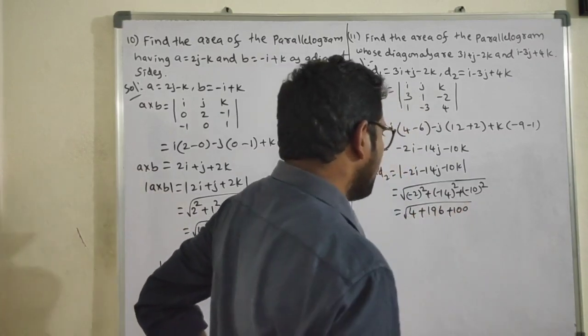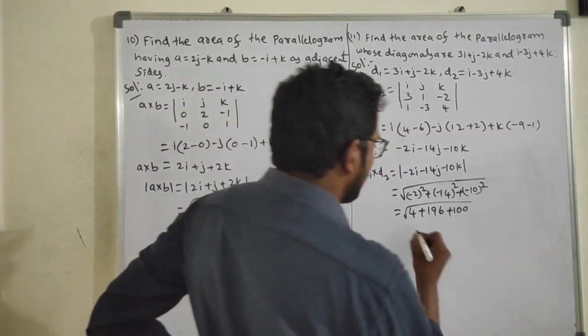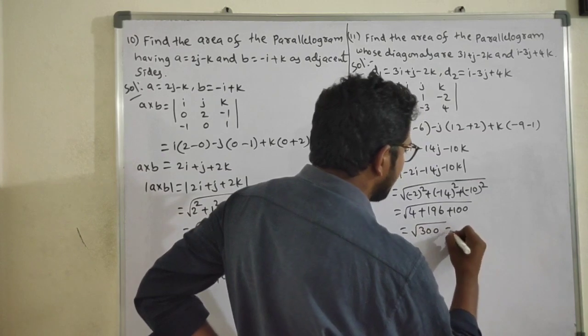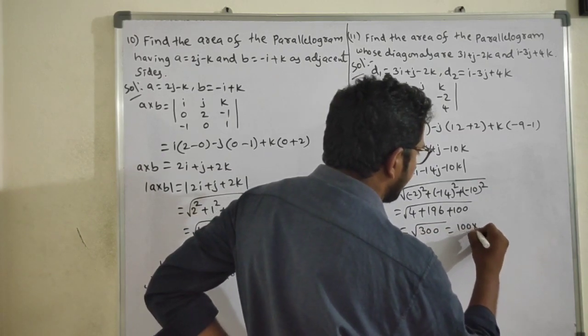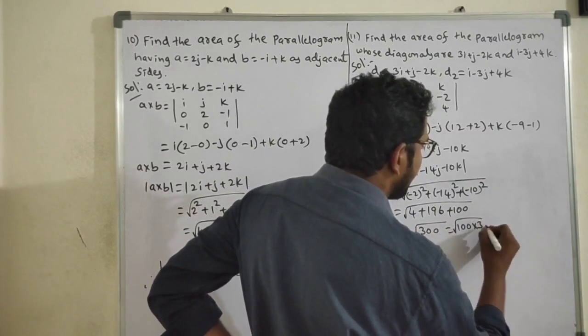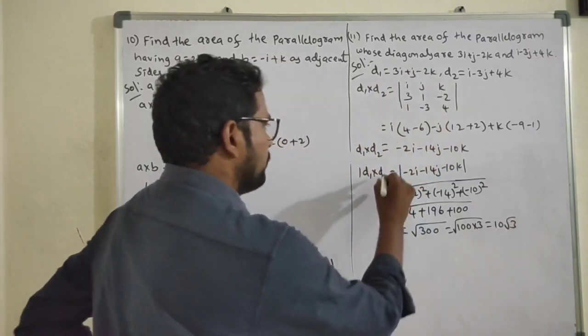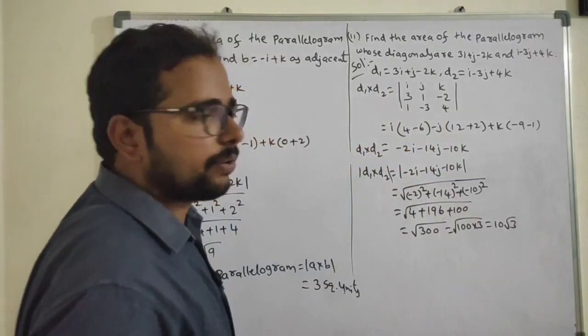Total value is 100, 200, 300. So root 300. We can write this as 100 into 3. Okay? Root 100 into 3 is 10 root 3. This is modulus d1 cross d2. Modulus d1 cross d2 is equal to 10 root 3.